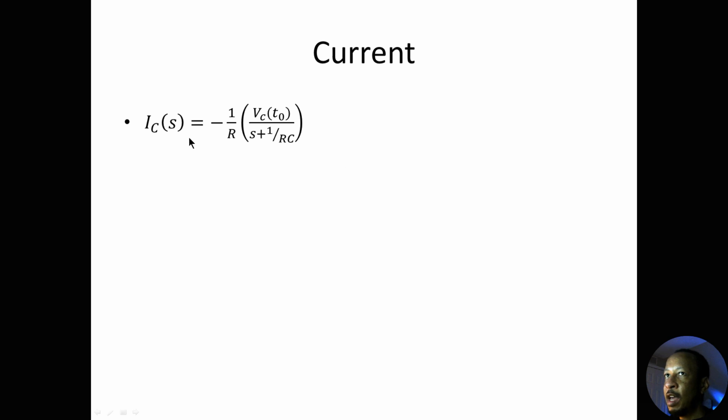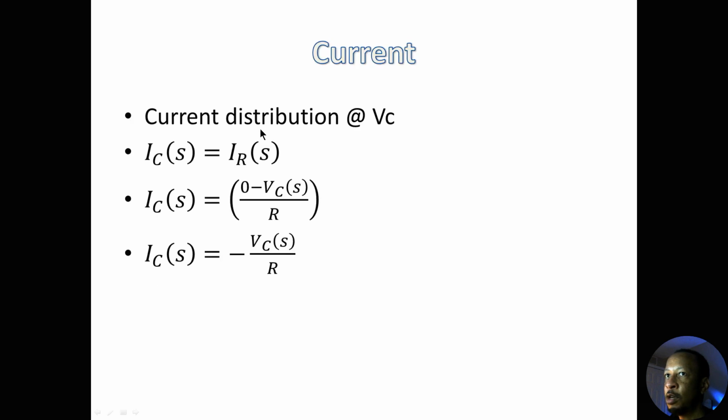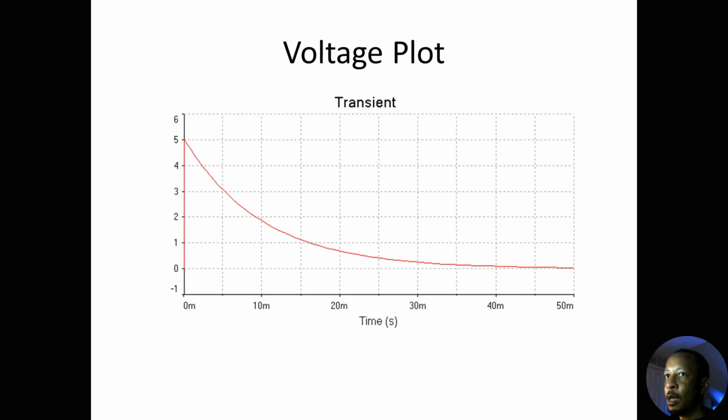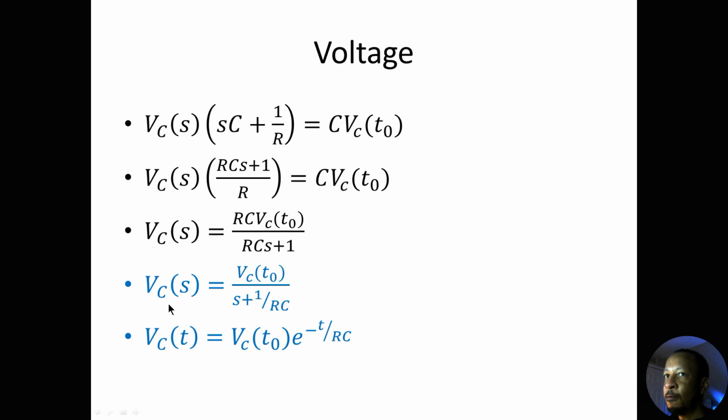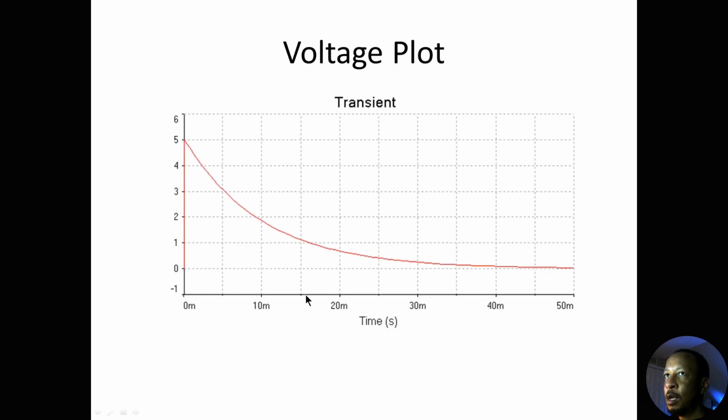And so IC of s equals negative 1 over R times VC of t sub 0 divided by s plus 1 over RC. Remember, that is my expression for voltage. Briefly go back to that, and you can see my expression for voltage in the s domain, VC of t sub 0 divided by s plus 1 over RC.